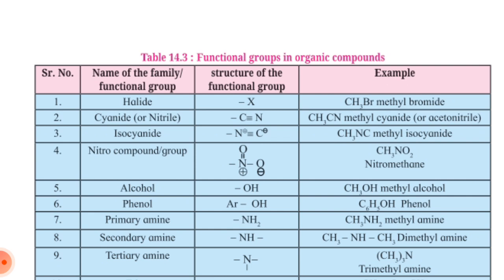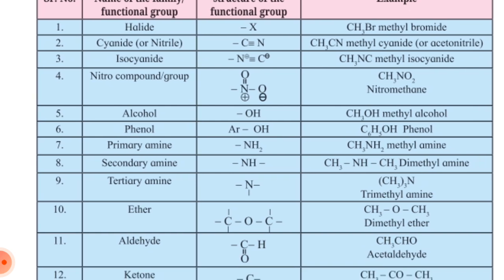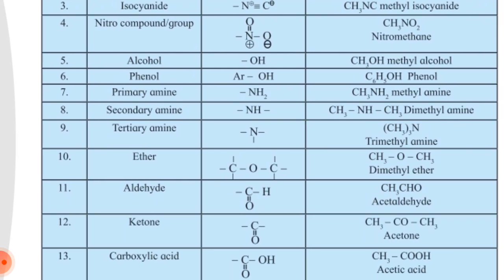Nitro compound, N double bond O with plus and minus charges, CH3NO2, nitromethane. Alcohol, OH, CH3OH, methyl alcohol. Phenol, Ar-OH, C6H5OH, phenol. Primary amine, NH2, CH3NH2, methylamine. Secondary amine, NH, CH3NHCH3, dimethylamine. Tertiary amine, N, (CH3)3N, trimethylamine.